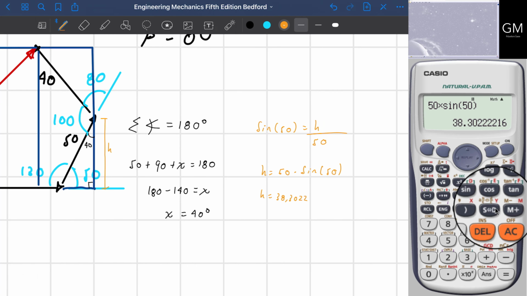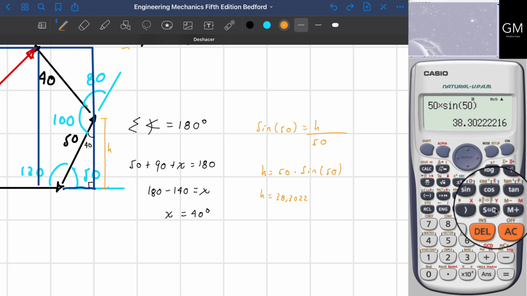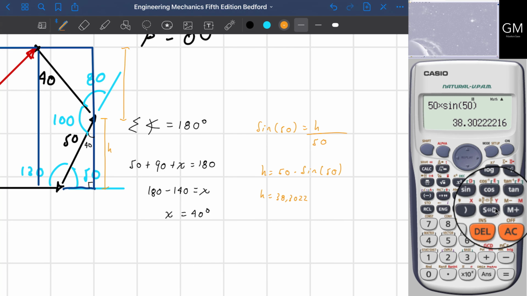I need the value of the other part of this, in this case this one, that I'm going to call, I don't know, m.